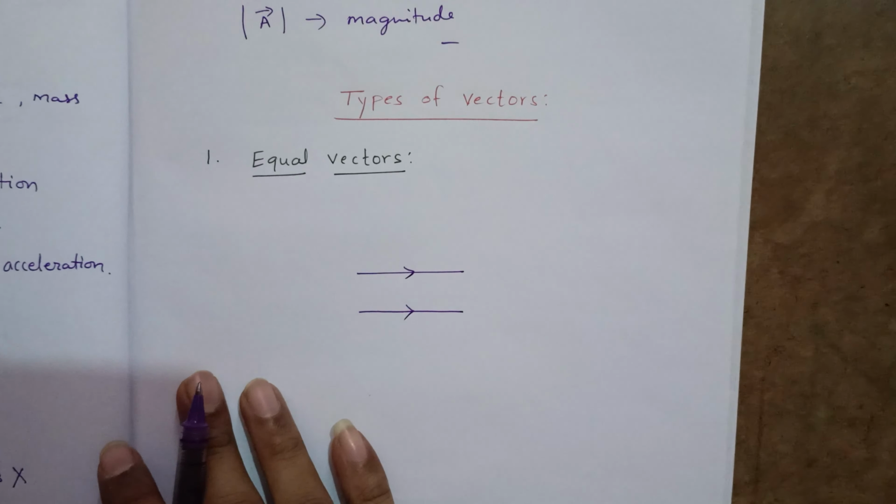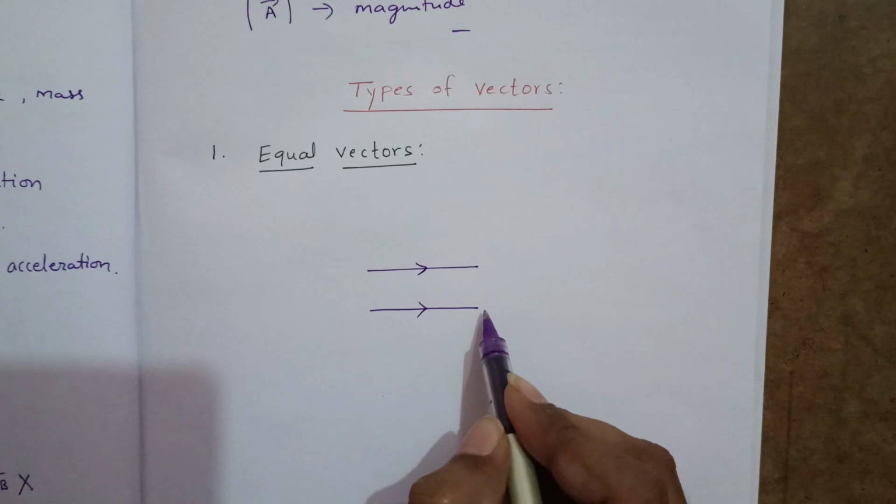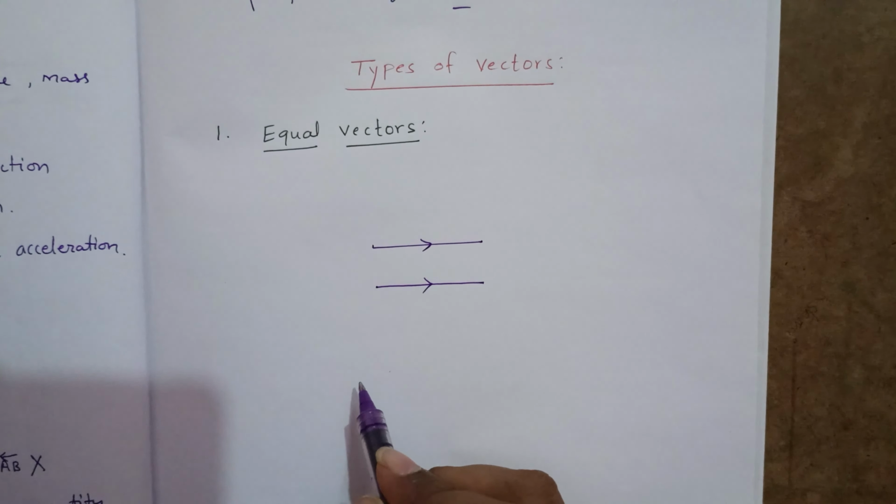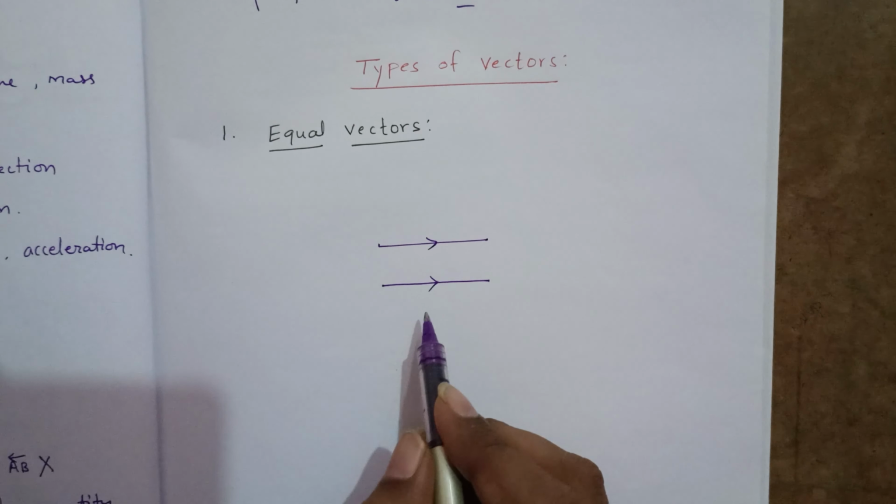Both have the same magnitude. Magnitude means the length of the line segment, and the arrowhead indicates direction.